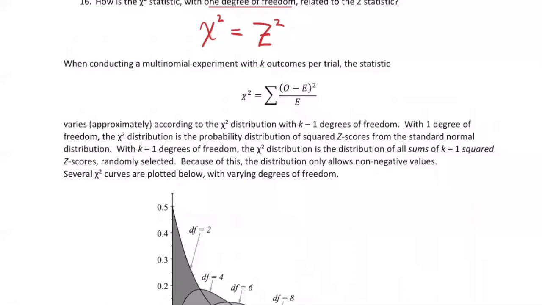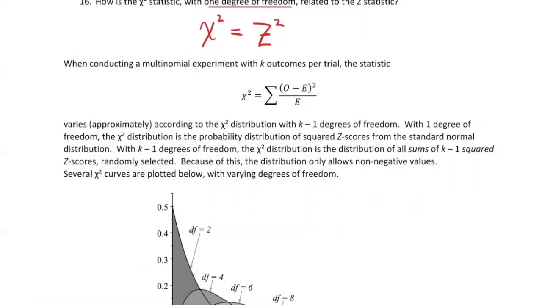You can also say that it varies approximately according to the chi-square distribution with k minus 1 degrees of freedom. Remember, k is the number of categories or outcomes per trial. So there's k minus 1 degrees of freedom. With 1 degree of freedom, which is what we're doing now, the chi-square distribution is the probability distribution of squared z-scores from the standard normal distribution.